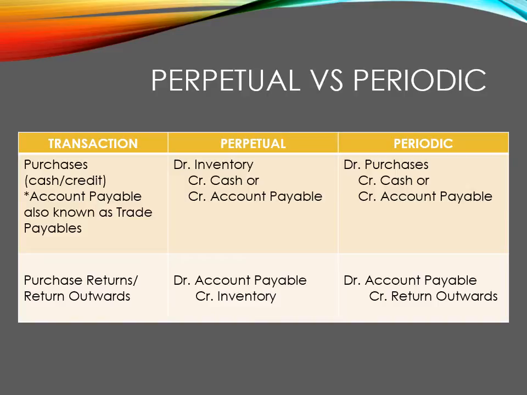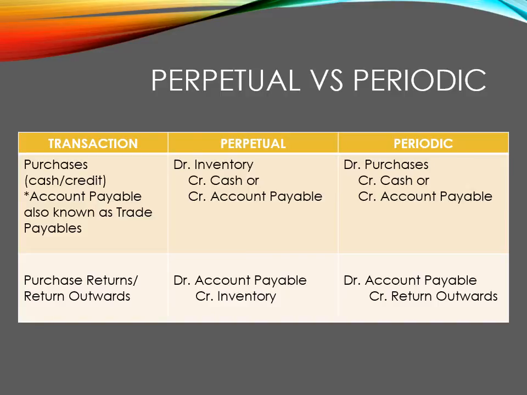So you can see that if you adopt perpetual, there is no purchases account because you will debit the inventory account. You are no longer required to open a purchases account if you adopt the perpetual inventory system.